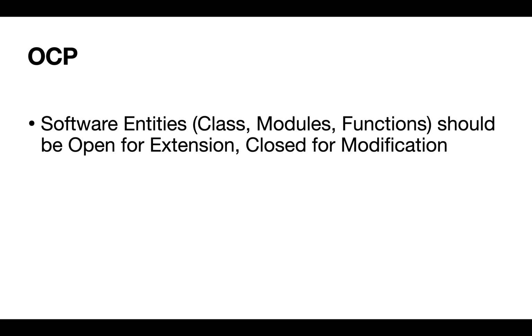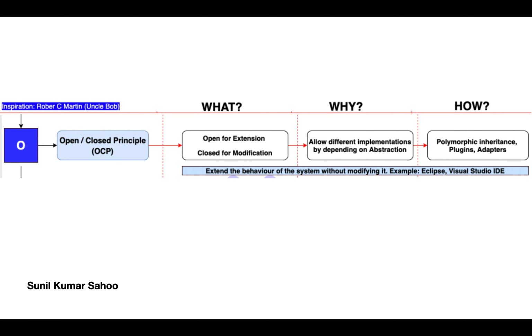What does it mean, and why is it open for extension but closed for modification? Let's first understand that OCP stands for open for extension, closed for modification. But why? Because it allows different implementations based on the abstraction.